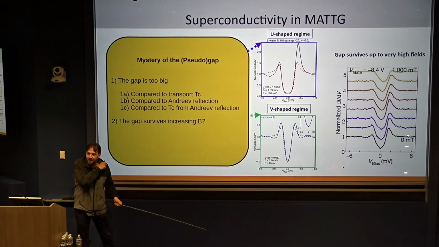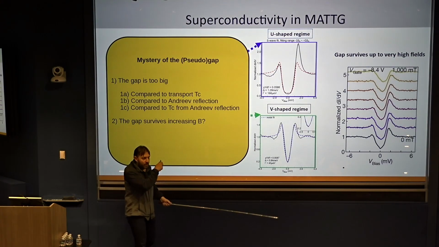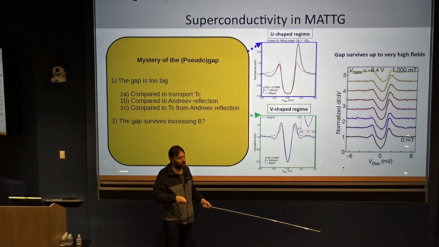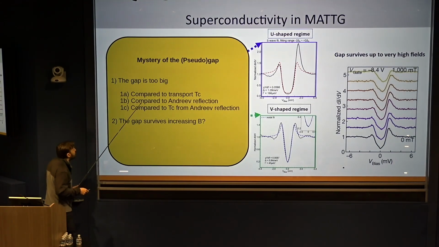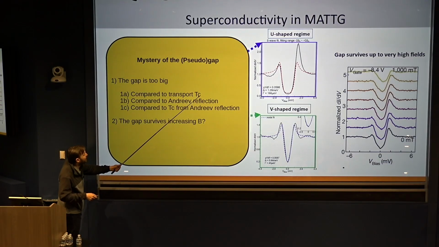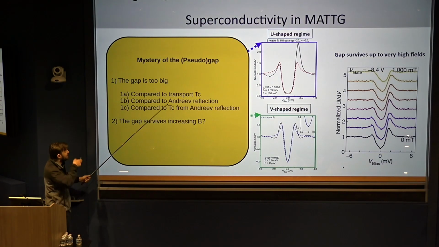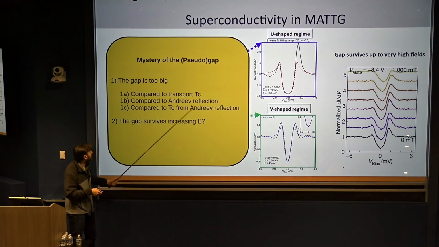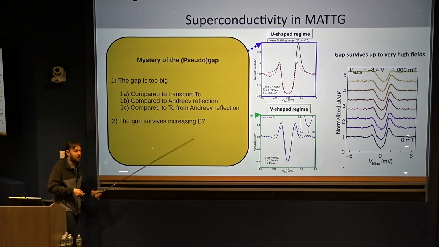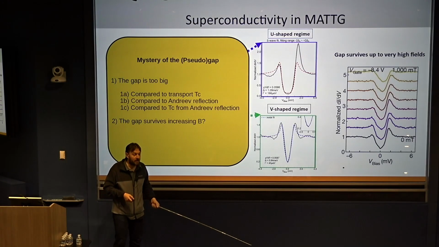It's smaller by a factor of, depending on where you look, 2 to 3. So the gap is too big. It's too big for the transport TC, it's too big compared to the TC from Andreev reflection, and it survives this increasing magnetic field.